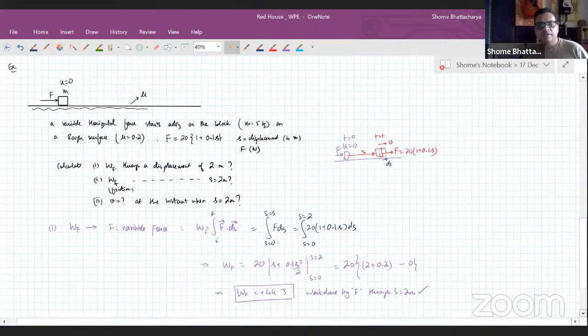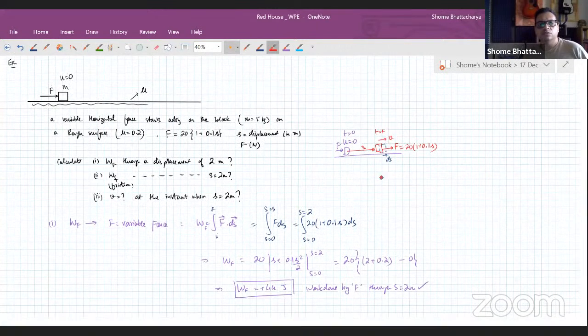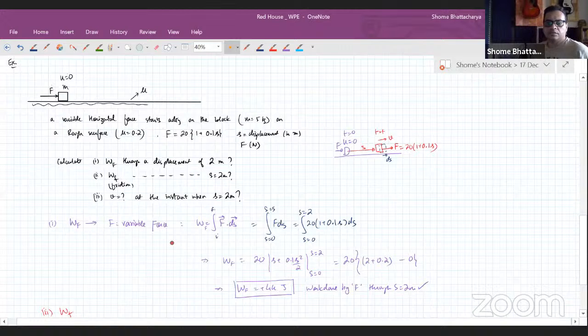Now, just like I've calculated the work done by F, next you calculate the work done by the friction. That's going to be very easy, because friction has a constant magnitude and a constant direction. This is a situation where the normal reaction is not affected by F; normal reaction is equal to mg.